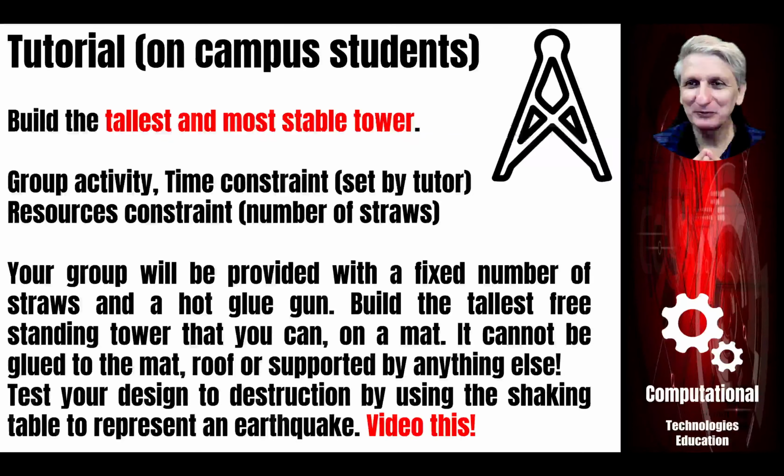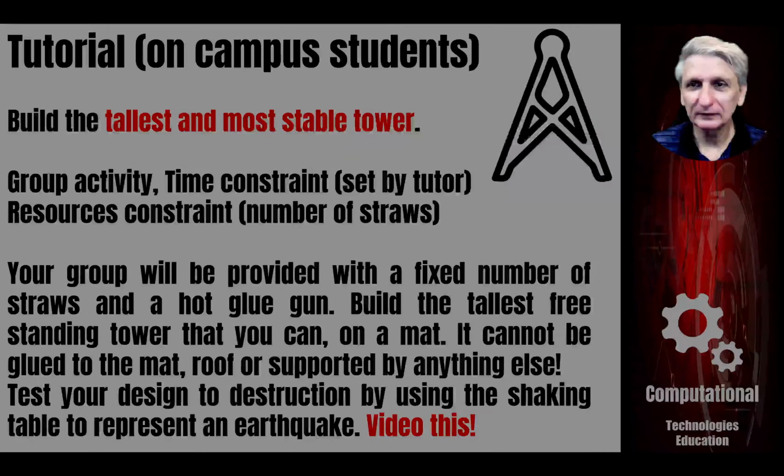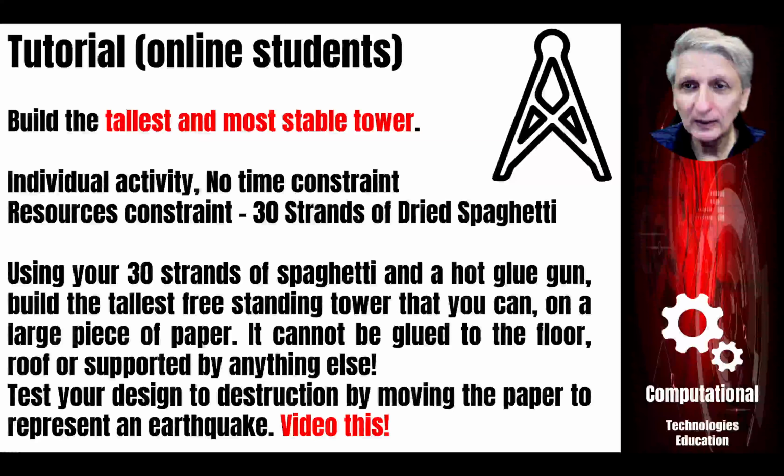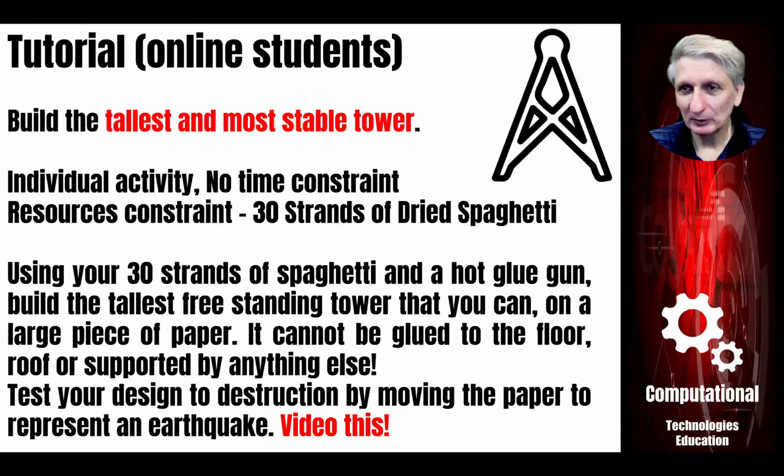So create your towers and then share a video clip or photos of your tower to Teams and to Learning at Griffith. For online students, you'll get a chance to do the same using the glue gun that I asked you to get a few weeks ago and some dried spaghetti to make your own towers.